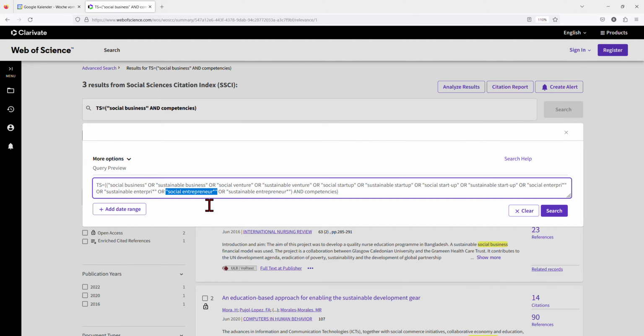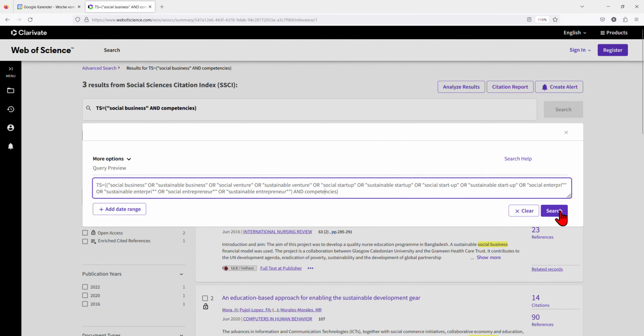So that would all be included in this new search here by using all these synonyms and also these asterisk operators. You can also use other ones, for example, if you would just want to exchange certain letters, but let's take it like that. So that's most important. You can also search for these other operators by using the help here in Web of Science, but this is just so that you get a general idea of how this works.